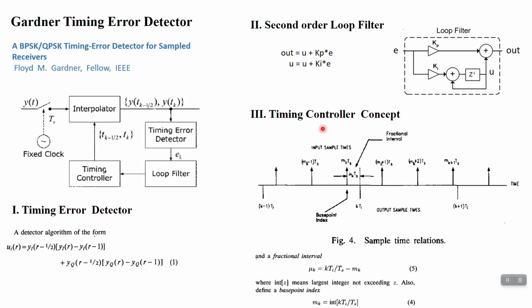But the work of the timing controller is shown here again. It determines the base point index and the value of the fractional interval, and commands the interpolator to use this base point index and the fractional interval to interpolate a sample which is shifted mu_k T_s, and exactly this sample at this time.